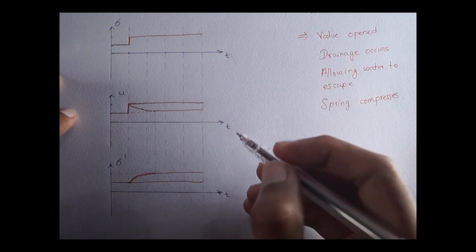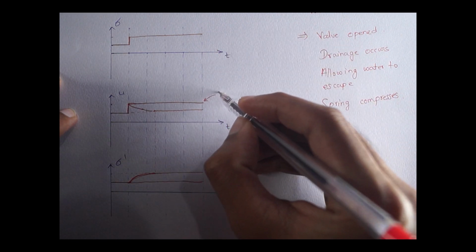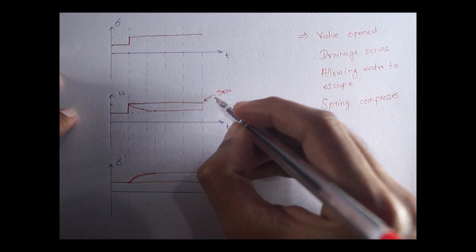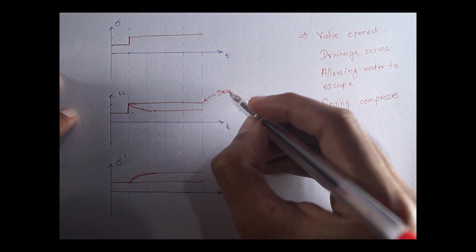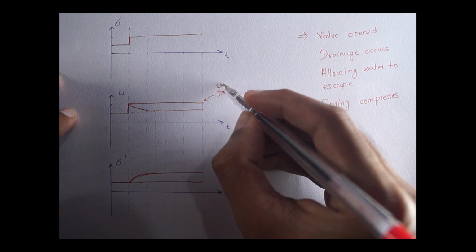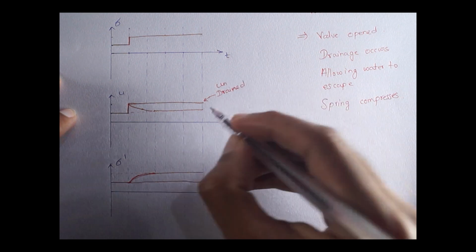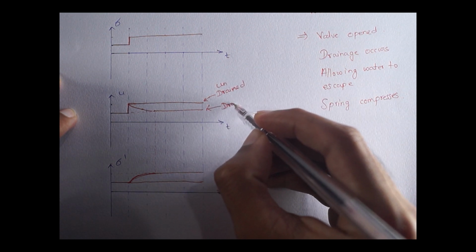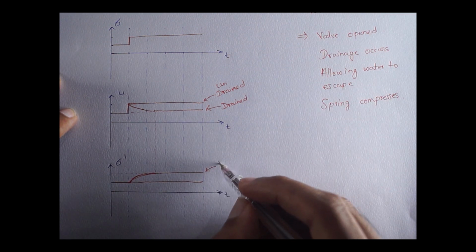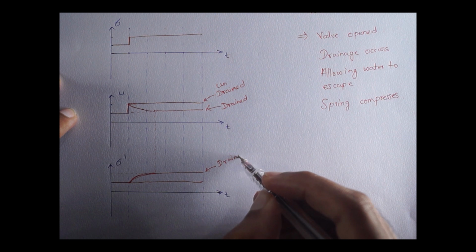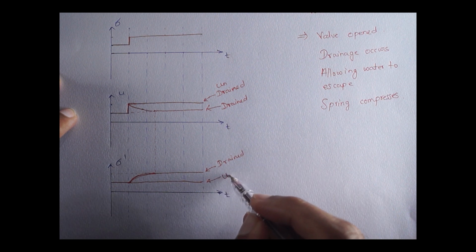So there are two different graphs. One is for the undrained condition, and one is for the drained condition. This is drained, and this is for the undrained.